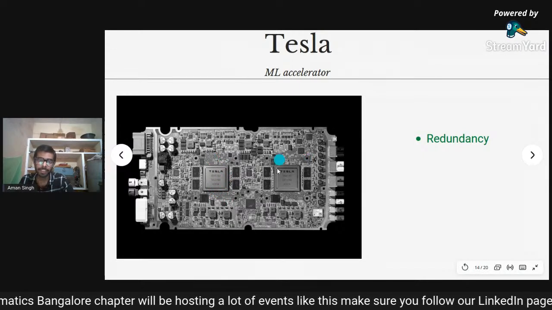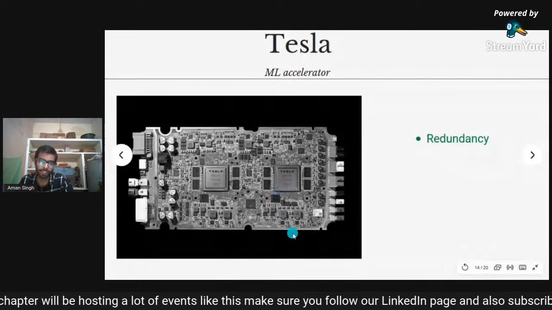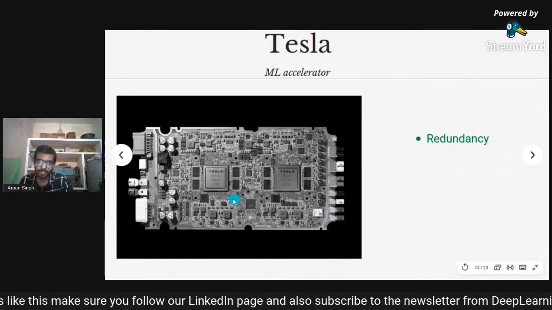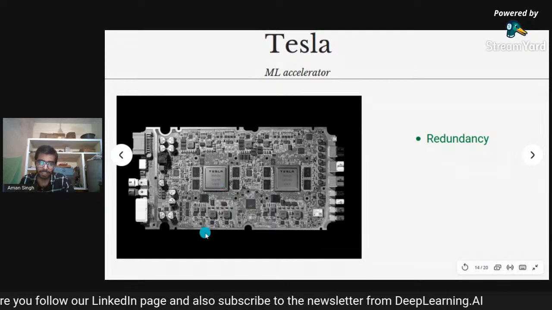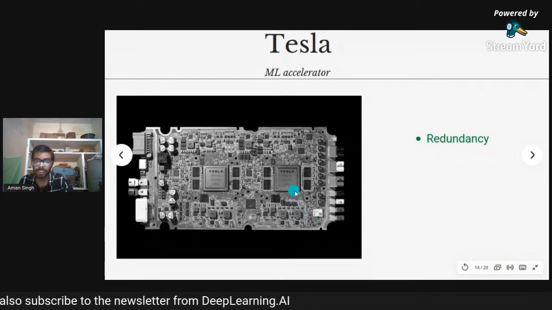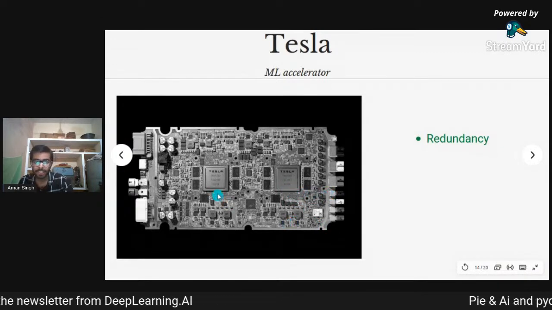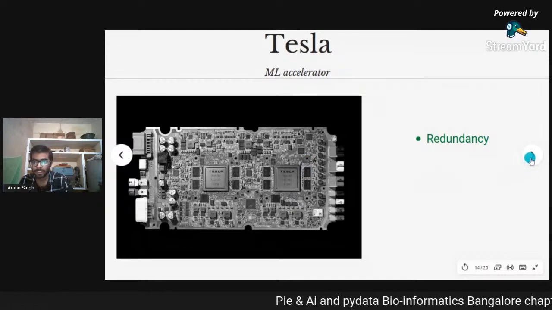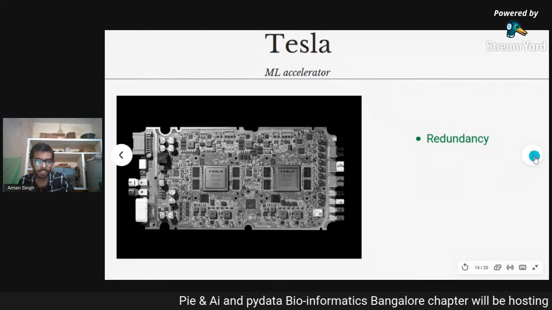Therefore, if two chips are there and they both perform the same operation, and if they both give the same output, only then does the process continue. Otherwise, it doesn't continue. Therefore, you will know that an error has occurred and something is wrong with the chips. Redundancy is very good because self-driving cars can lead to that situation in the future.